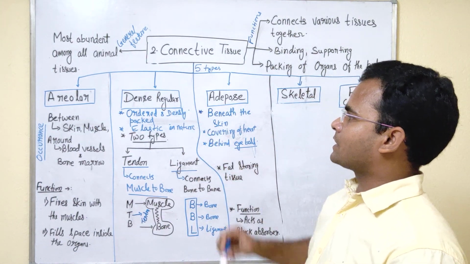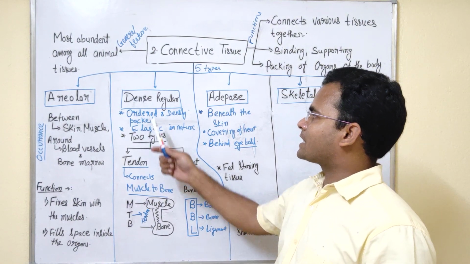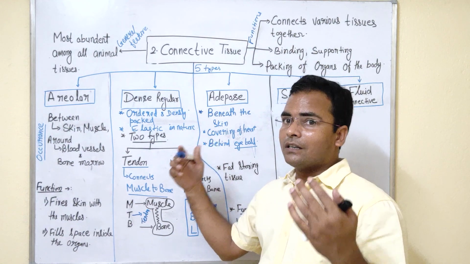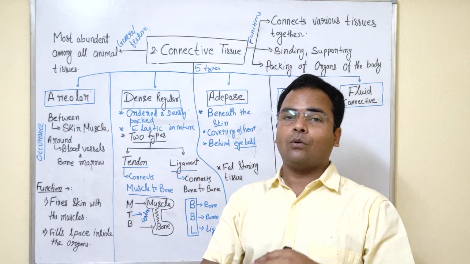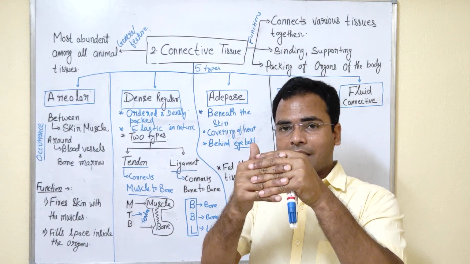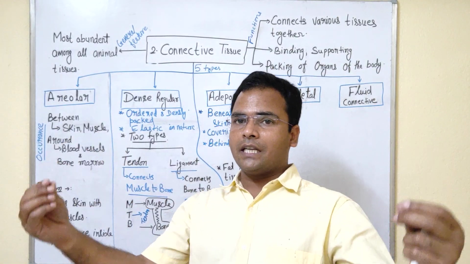The next type is dense regular. It is clear from the name itself. It is dense regular. So what should be? They are ordered and densely packed. Density can be only when the cells, the tissues are arranged in a well manner. And of course, they are elastic in nature.